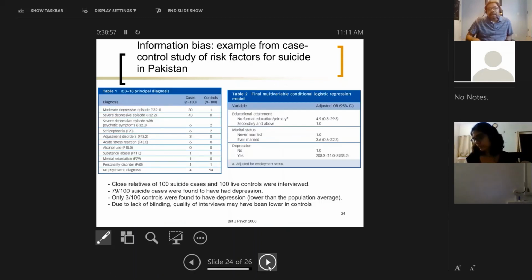Here is another interesting case study from Pakistan, a case control study of risk factors for suicide in Pakistan. They identified 100 suicide cases, people who had committed suicide and died, and 100 live controls. Now, I want you to think about this carefully. Cases are all dead.